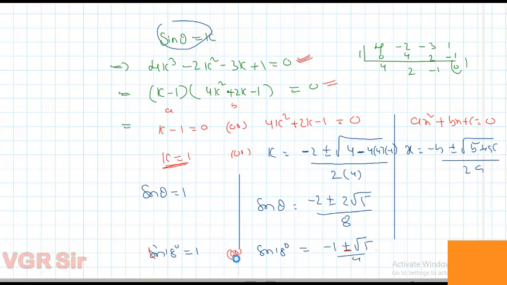So I will write in the next page. What you got here: sin 18 degree is equal to 1 or sin 18 degree is equal to minus 1 plus or minus root 5 by 4.